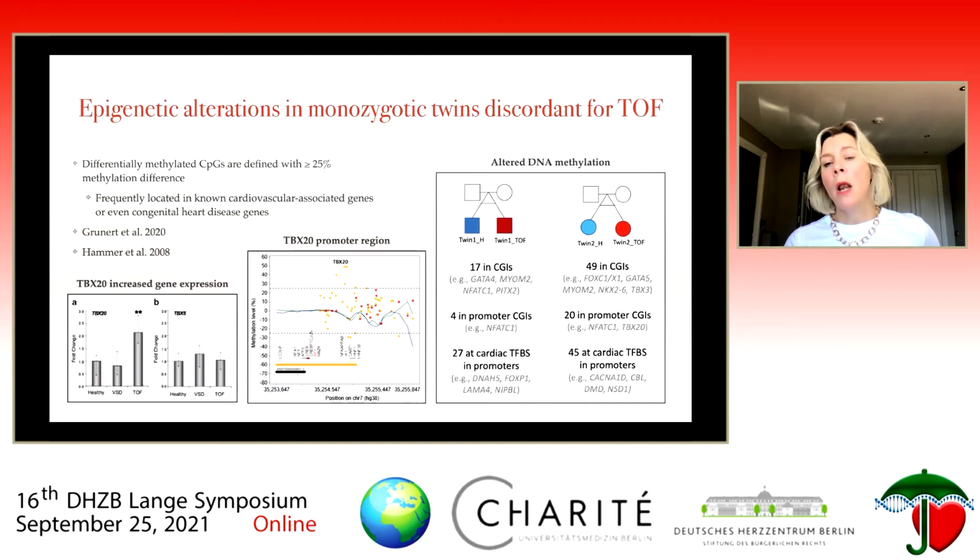And what we saw now in the twins is that indeed the promoter region of TBX20 shows a significant differential methylation. So on top of genetic alterations, I think it's very clear that we also have epigenetic alterations, which might come in as modifiers in triggering the disease.